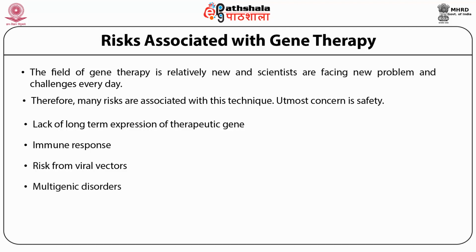Then come multigenic disorders. The gene therapy approach is best suited for disorders or conditions which arise from a mutation in a single gene. Therefore, some of the most commonly occurring diseases like heart disease, Alzheimer's, arthritis and diabetes, which are due to the combined effect of many genes, may be difficult to treat with gene therapy. The target cell is also an issue. Sometimes the virus may not target the correct type of cells.